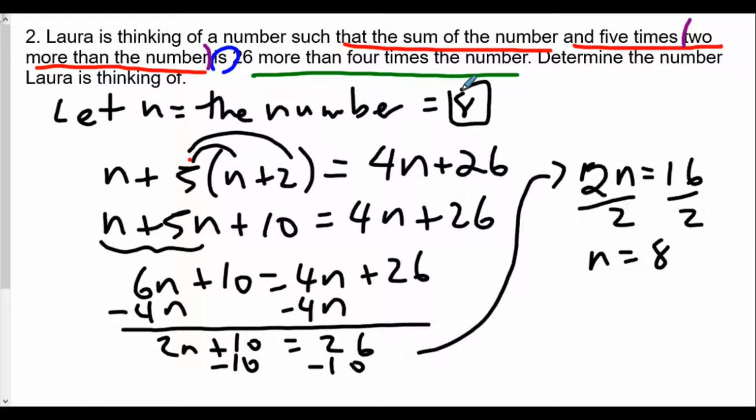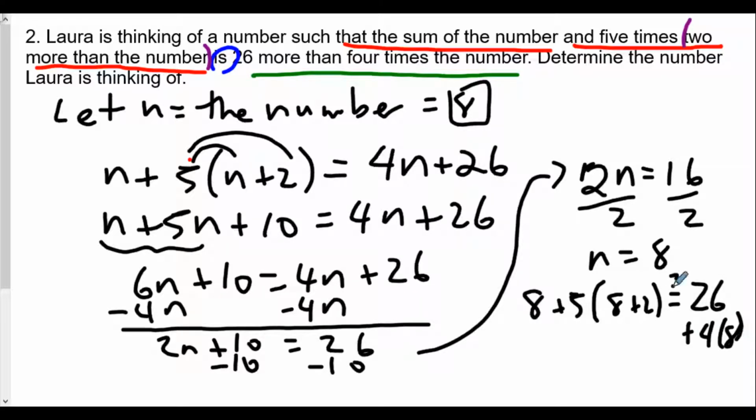Now, just to make sure, Laura's number is such that the sum of the number and 5 times 2 more than the number, so 8 plus 5 times 8 plus 2, will that equal 26 plus 4 times 8? That's the question. And so here we would have 8 plus 5 times 10.